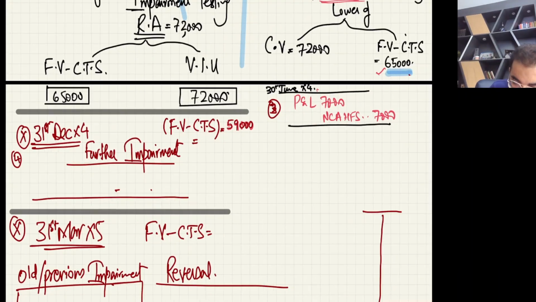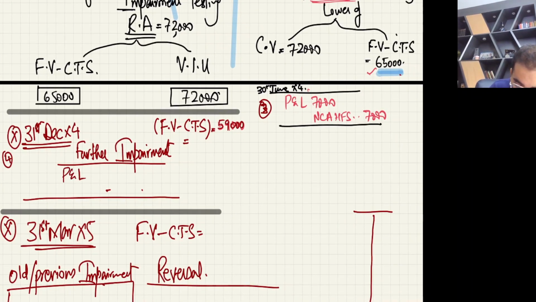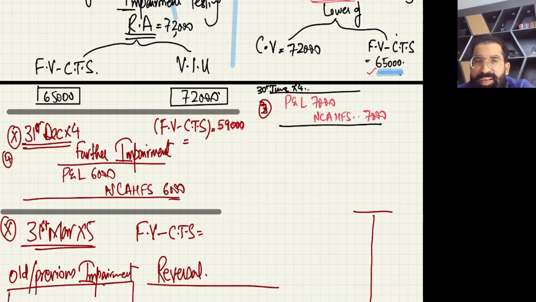So there will be an entry of debit P&L 6,000 and credit NCAHFS 6,000. What does it mean? From 65 less 6,000, the asset right now is at 59,000.